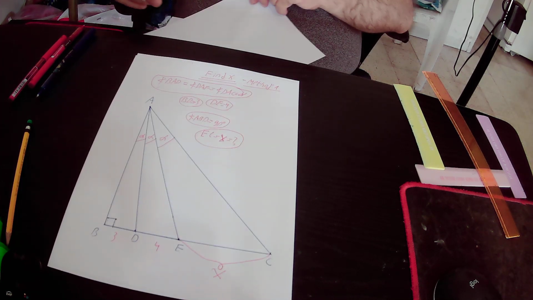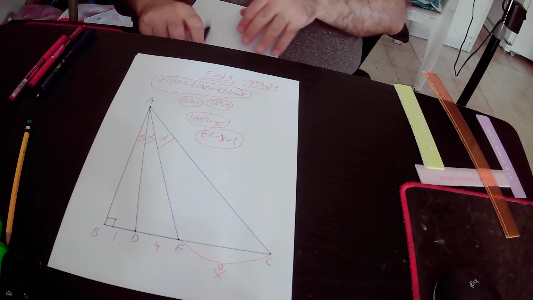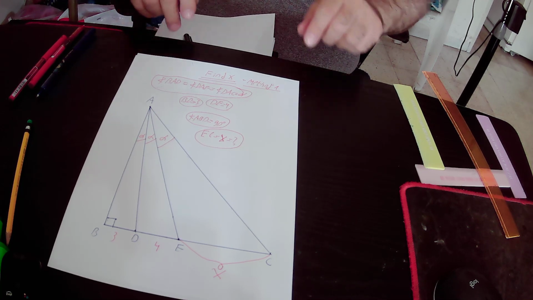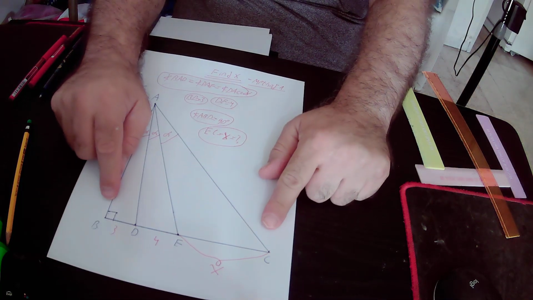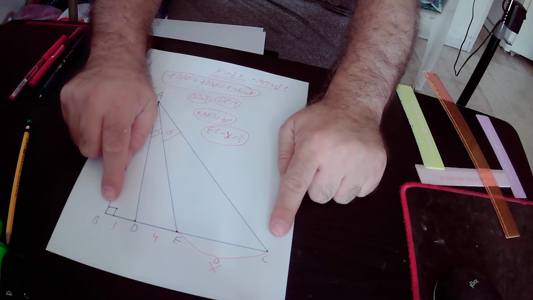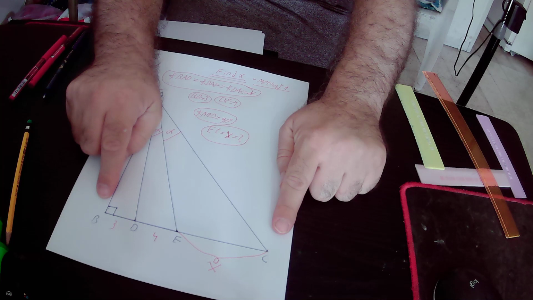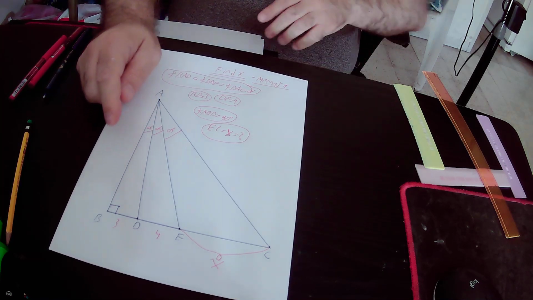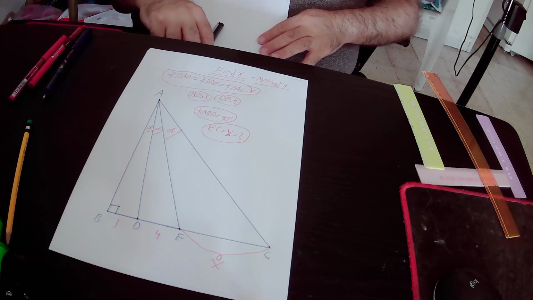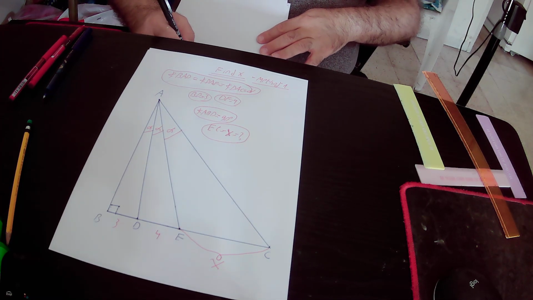What is the value of BC? BC equals to 3 plus 4 plus x. That is to say BC equals to 7 plus x. So we substitute BC by 7 plus x.